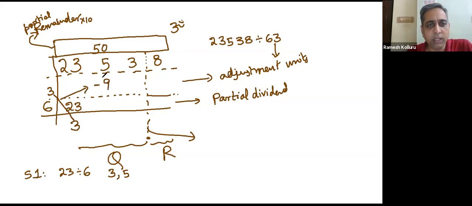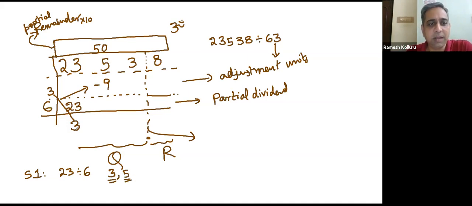Here we change the sign, so 55 minus 9. My quotient is 3, the remainder is 5.